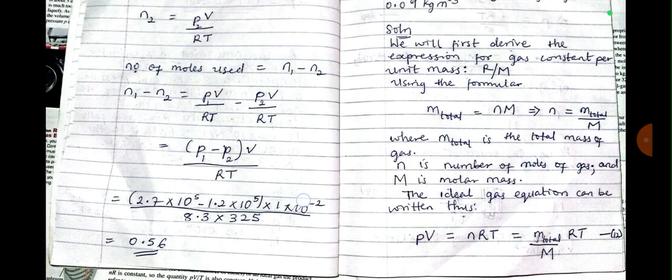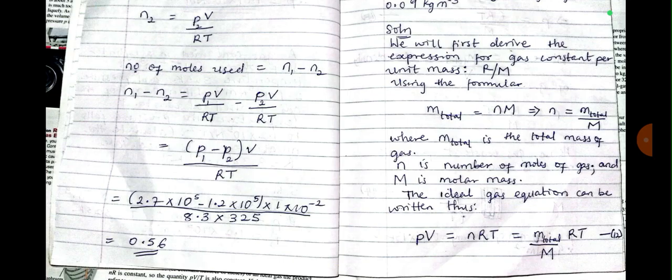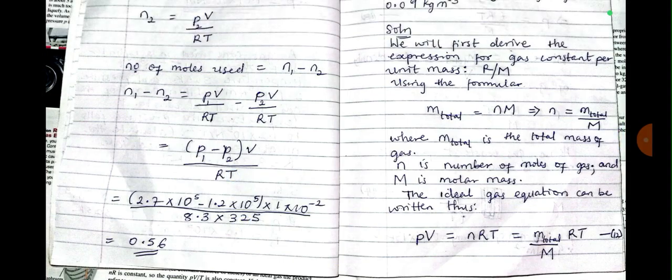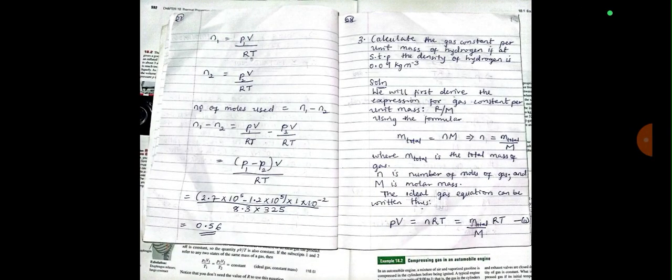Here is the volume, 1 times 10 raised to minus 2. The gas constant R is 8.3, while the absolute temperature given is 325. So simplifying this gives 0.5 moles.